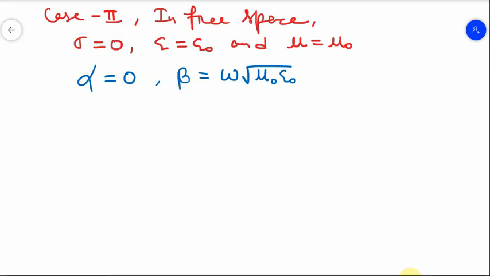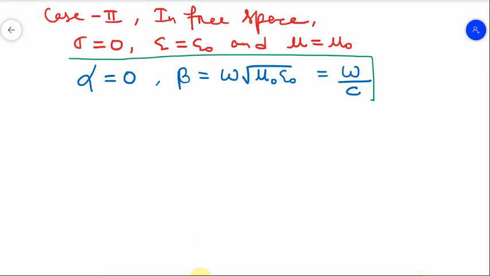If you remember, 1 upon root over mu 0 epsilon 0 is equal to the speed of light, so if we put this, we get omega upon c. This is the condition for free space.